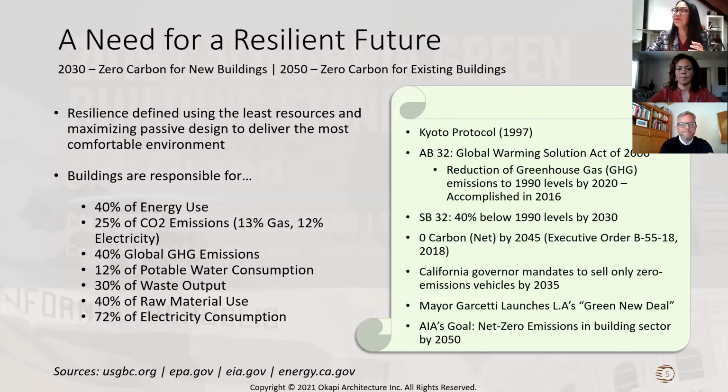And there is a big reason that California said, yes, we need to create another code, which we hated, called CALGreen. It's because buildings tend to use the biggest amount of energy, the CO2 emission, the GHG, the water, the wastewater, and the material use.